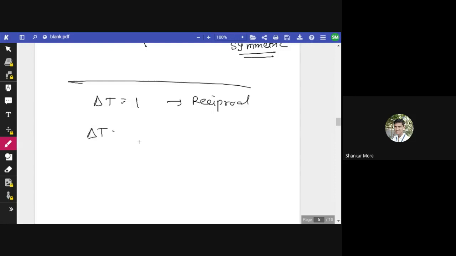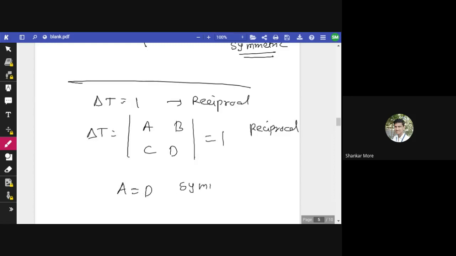Delta t is nothing but the determinant of a, b, c, d. If it equals 1, then that network is called reciprocal. And if a equals d, then that network is called a symmetric network. Okay, so these are the things about two port networks that we need to remember.